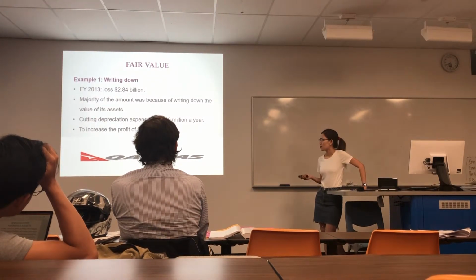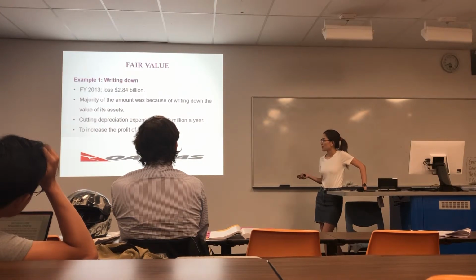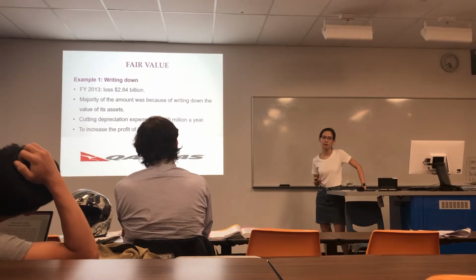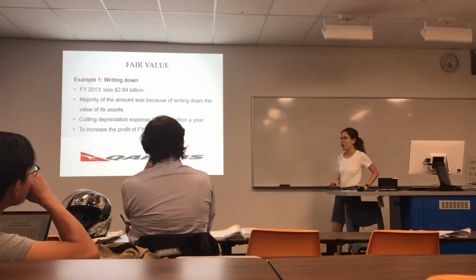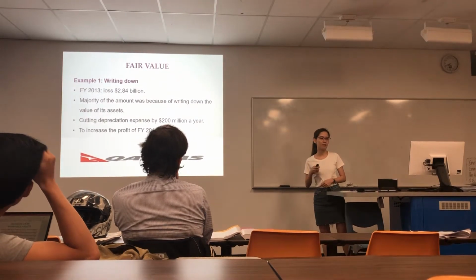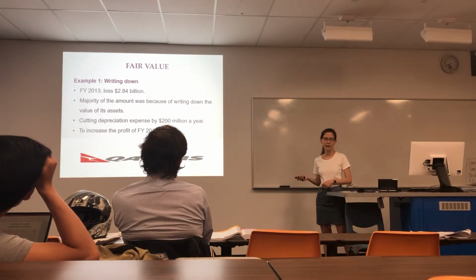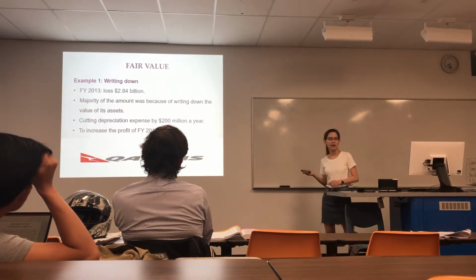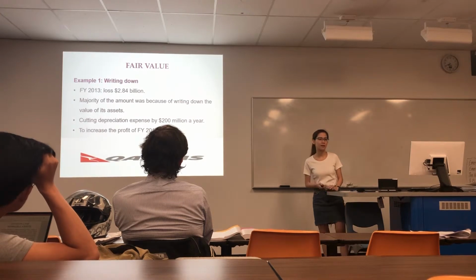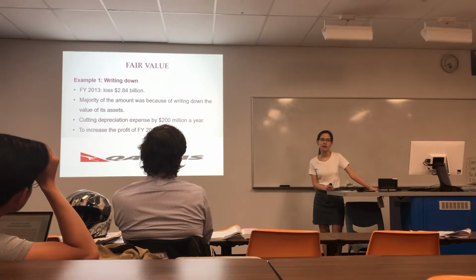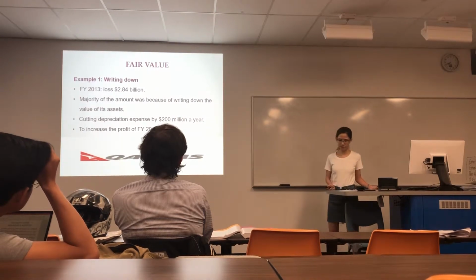By doing that, they would cut the depreciation expense by $200 million per year. The purpose of this action is to increase their profit for the next financial year. One financial expert commented that this action was not necessary because of the fluctuation of the Australian exchange rate.